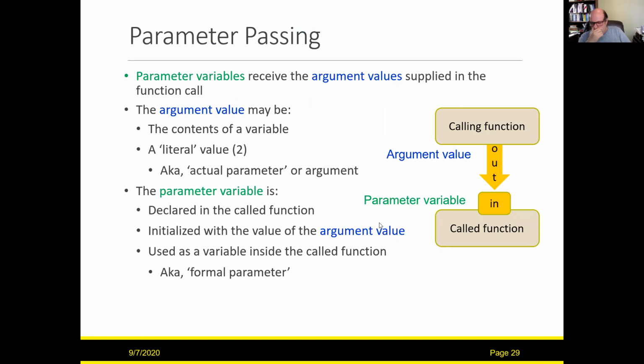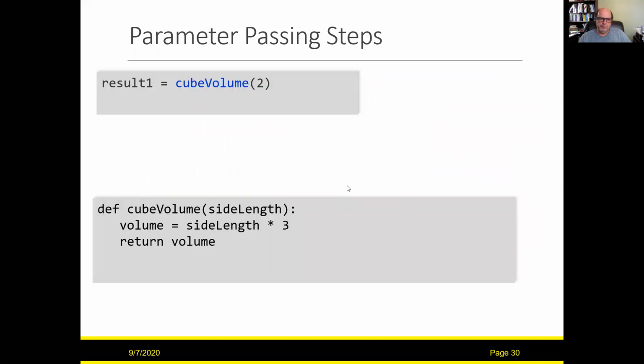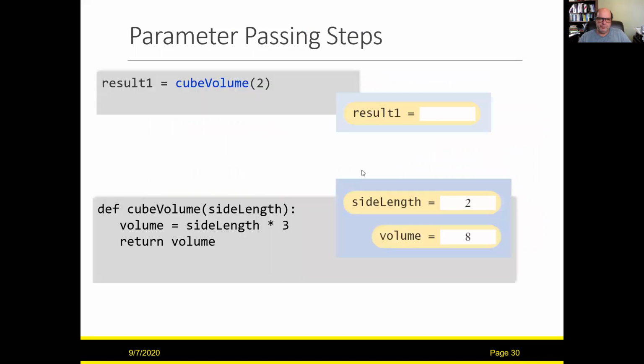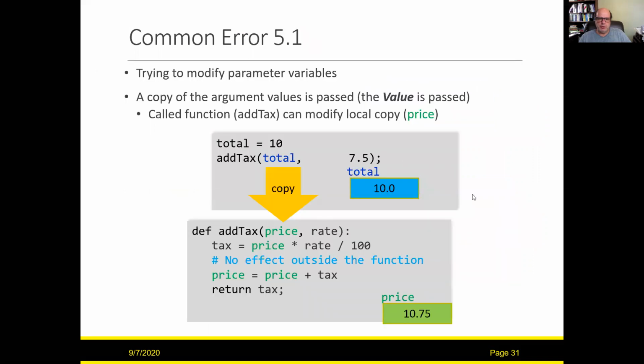When we are passing parameters, of course, those coming from C++ always ask about pass by reference and pass by value. We'll get to those things. Right now, we're basically making a copy of it for the function to use. I'm not going to go through the detail of this because you already know this. The parameter is going to be our local variable over here.